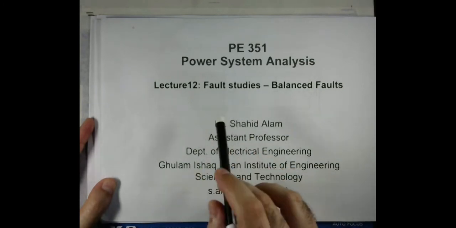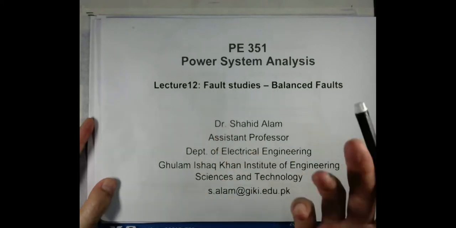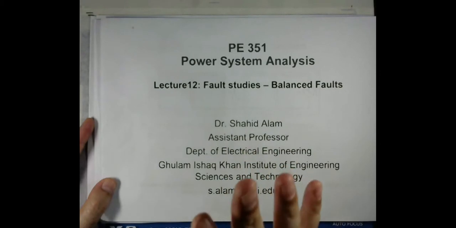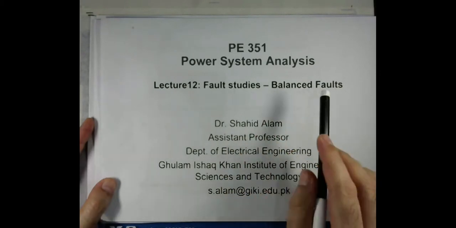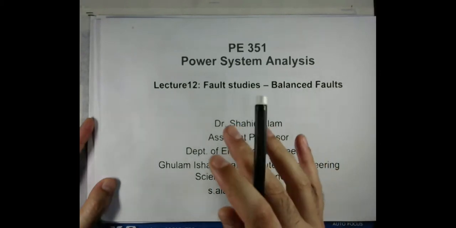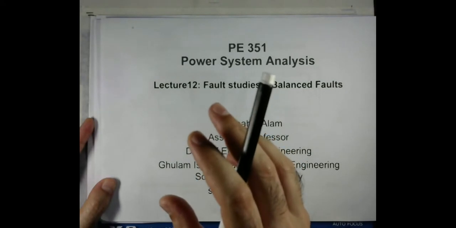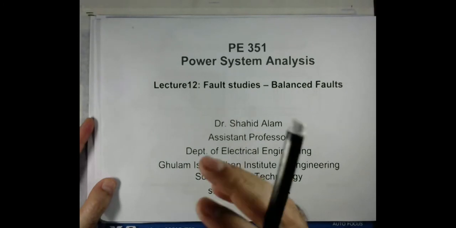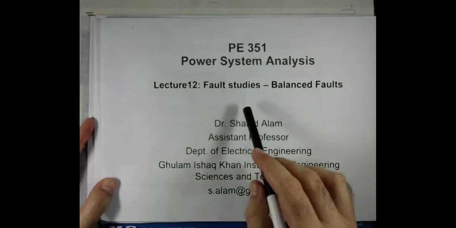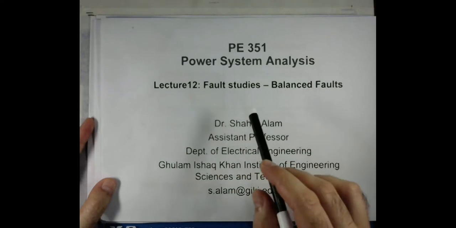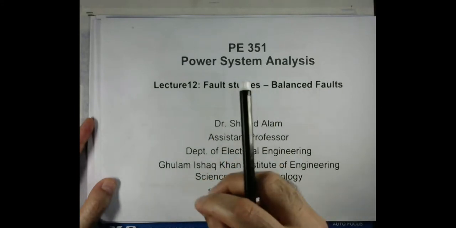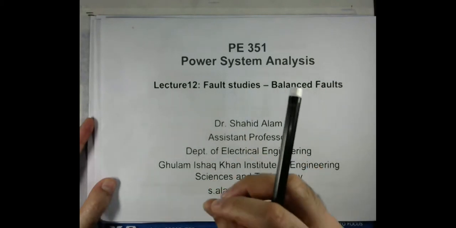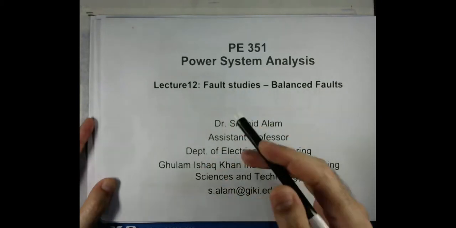I also discussed that faults could be of different types, and one type is the balanced fault, where the system still remains in a balanced condition, because such a fault occurs on all the three phases. So either all the three phases directly touch each other, or they are connected through the ground.